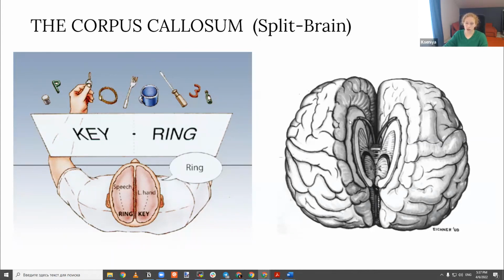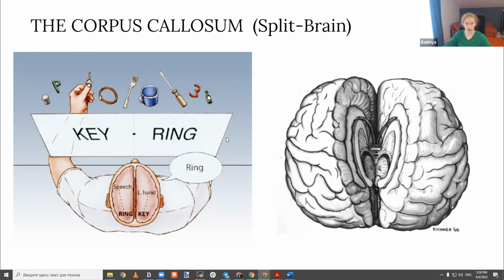In the first series of tests, Sperry would present a word to either the left or right visual field for a short period of time. If the word was shown to the right visual field, meaning the left hemisphere would process it, then the patient could report seeing the word.